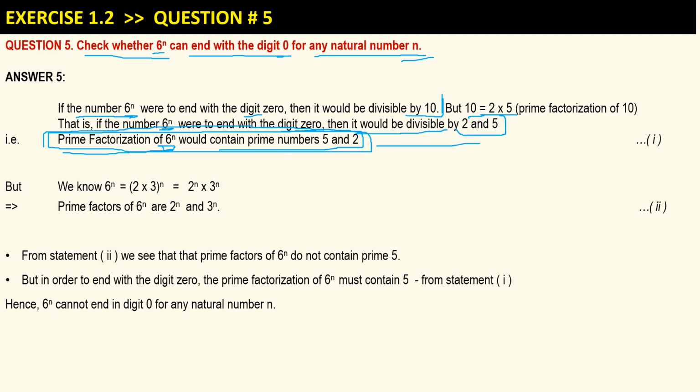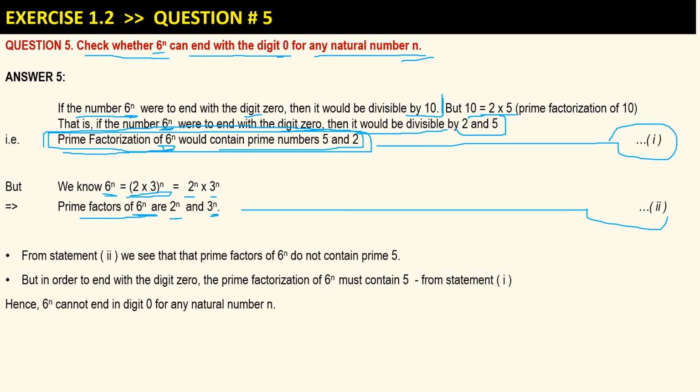Let's call this our statement number 1. Let's see also that 6 raised to power n is equal to 2 multiplied by 3 whole raised to power n, which is equal to 2 raised to power n multiplied by 3 raised to power n, which gives us that the prime factors of 6 raised to power n are 2 raised to power n and 3 raised to power n. Let's call this our statement number 2.